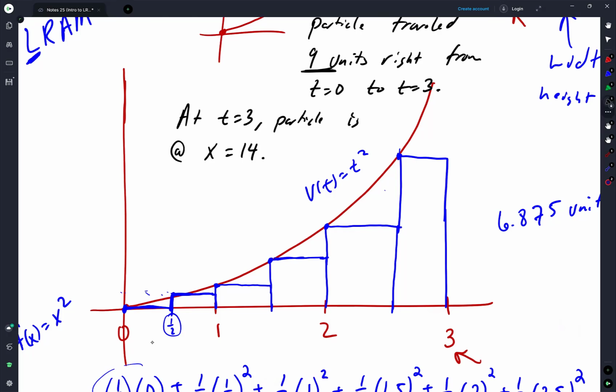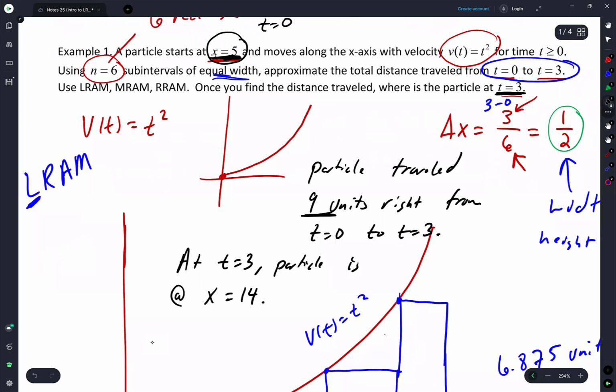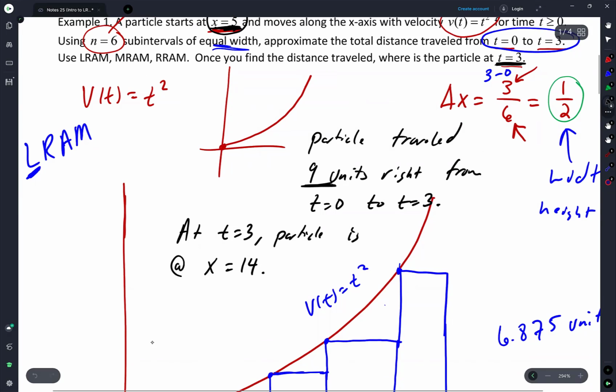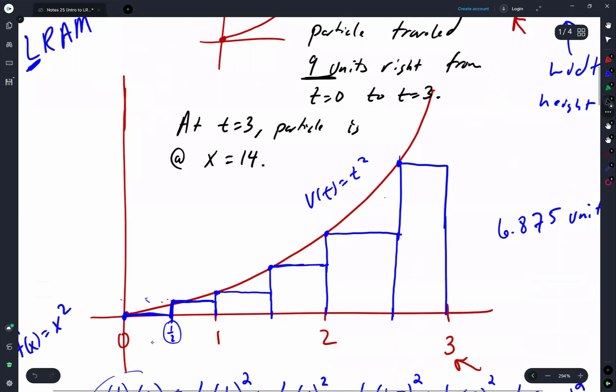As you become more and more beast, you will do 2-dimensional and then finally 3-dimensional. So right now you're either moving left or right. At t equals 0, you were at position 5, but the velocity was 0. And then didn't you just tell me between t equals 0 and t equals 3 that I moved 9 units to the right? Well, if I started at x equals 5 and moved 9 units to the right, I'm going to be at x equals 14. Does that make sense, guys?